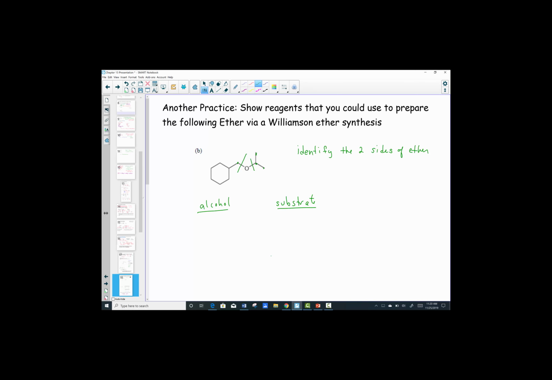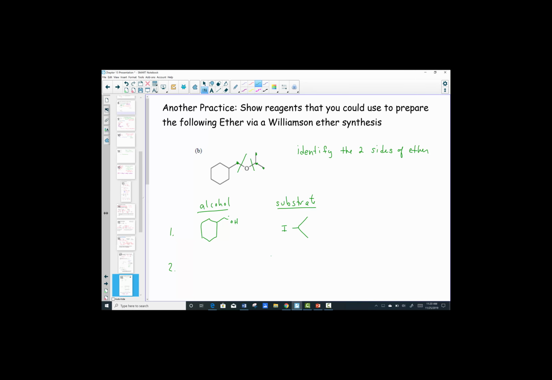So in one condition, we could use the cyclohexane with the methyl group here, right? This is the carbon here. And we can turn this into the alcohol, leaving the substrate to be the second position on this side of the carbon chain. That's choice 1.